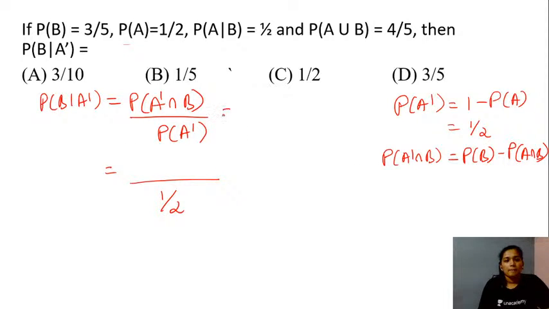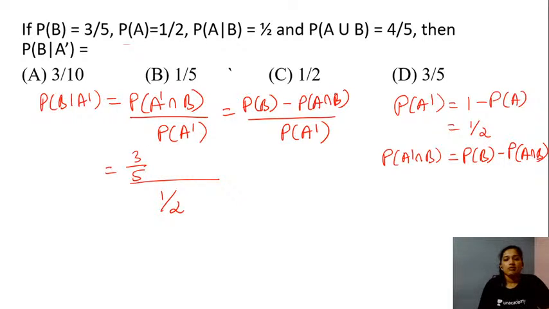So this would be probability of B minus the probability of A and B divided by, in this case, the probability of A complement. We have the value for probability of B, so let me just note it down, 3 by 5. We need the value for probability of A and B here.